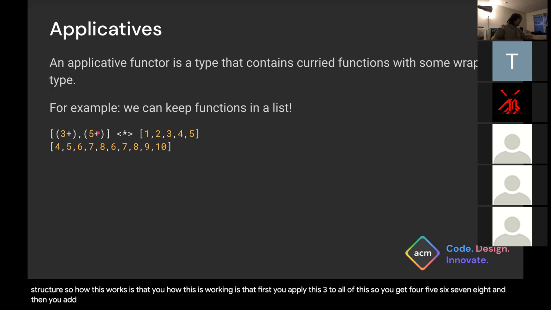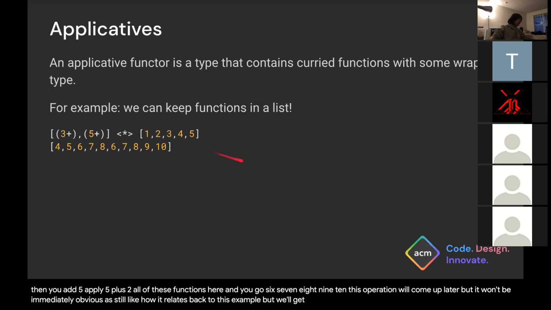And then you apply 5+ to all of these, and you go 6, 7, 8, 9, 10. This operation will come up later, but it won't be immediately obvious how it relates back to this example. We'll get there when we get there, just as a warning.